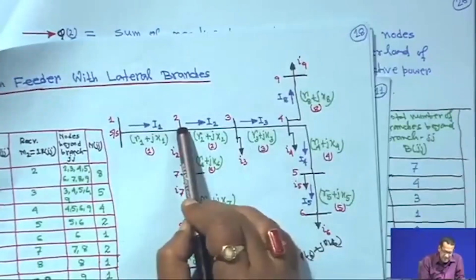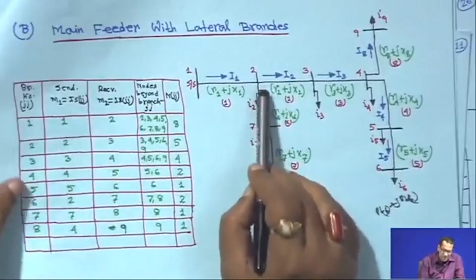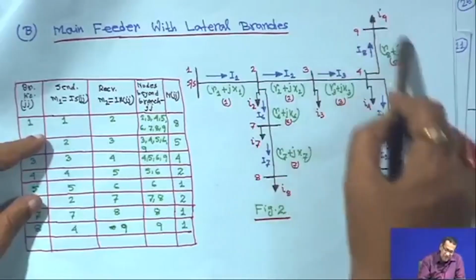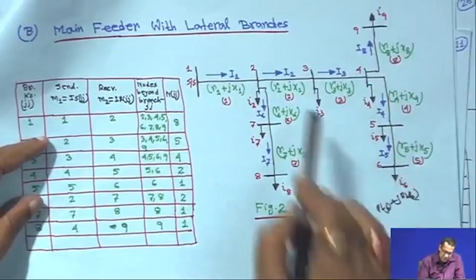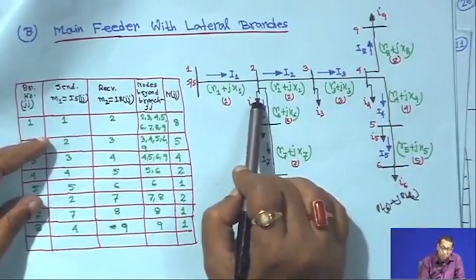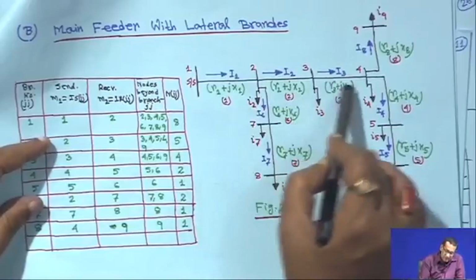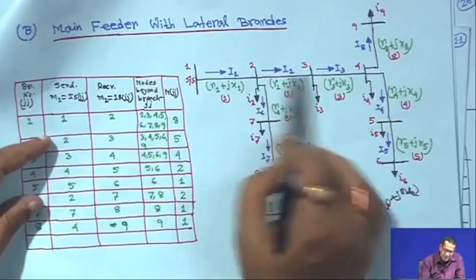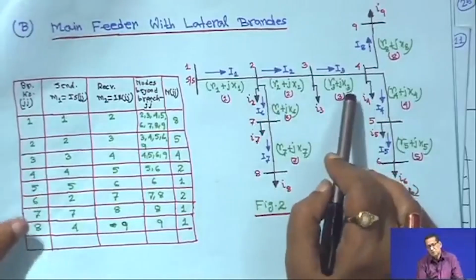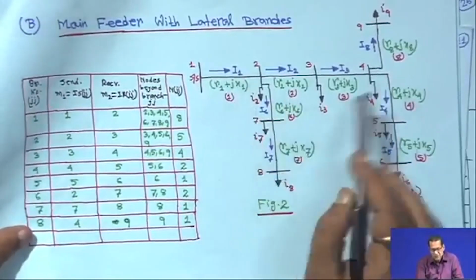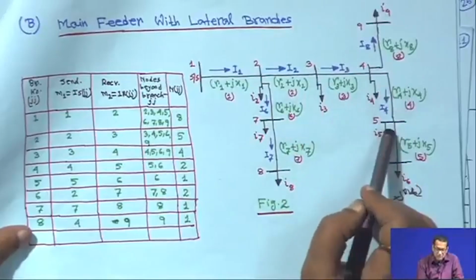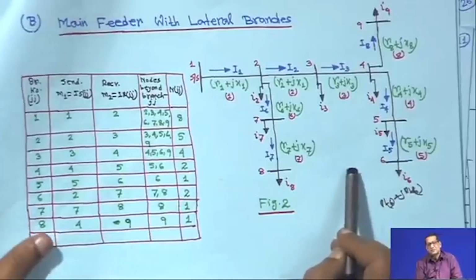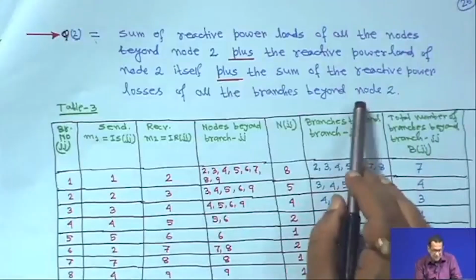That means you sum up all the reactive loads of all the nodes plus the reactive load of node 2 itself plus all the reactive power losses of these branches. Whatever number of nodes and branches are there beyond this node, just identify and add their losses. Therefore, that is your Q2.